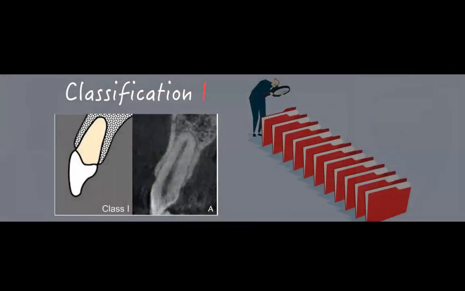So here is your class 1, okay? The class 1 is basically sitting in the correct position where the tooth is supposed to be, in the center of the bone, but the only thing that divides it into subcategories is how much bone you have in the buccal. If you have 1 or more, it's a 1A. If you have 1 or less, it would be 1B.